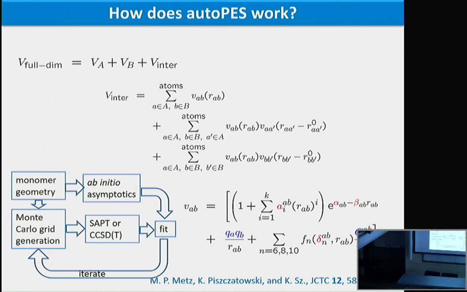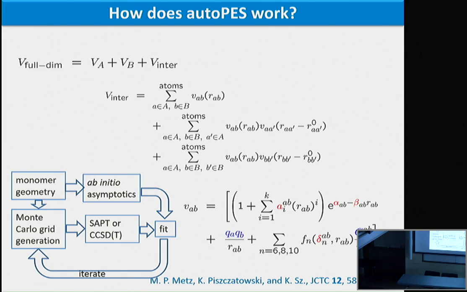So, as I said, the only input is the monomer geometry. Then you do this ab initio asymptotics, getting those Q's and C's. And then you generate a grid, as I mentioned, using our method of grid generation. And then you perform so-called close range calculations for finite distances for those points from this step.